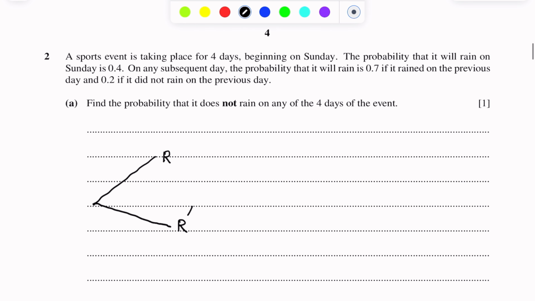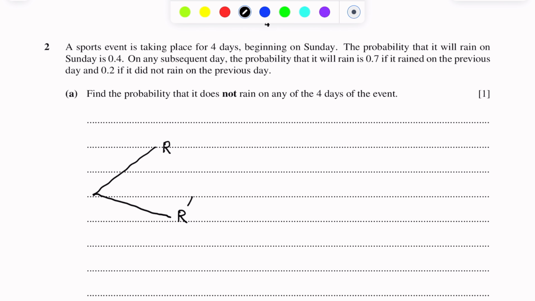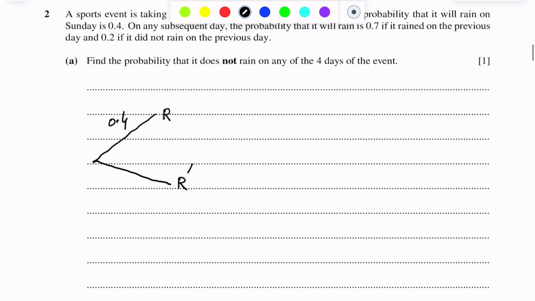It is given that on Sunday probability of rain is 0.4. We write here 0.4. 1 minus 0.4, that is 0.6. We write here 0.6. Now this diagram is for Sunday.